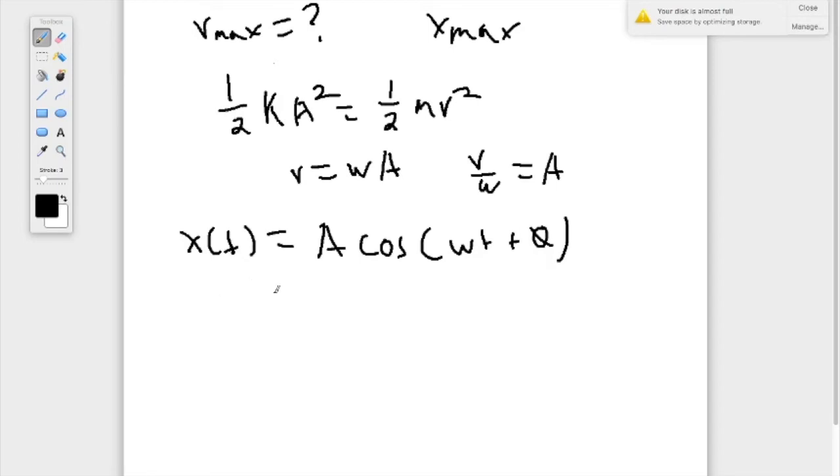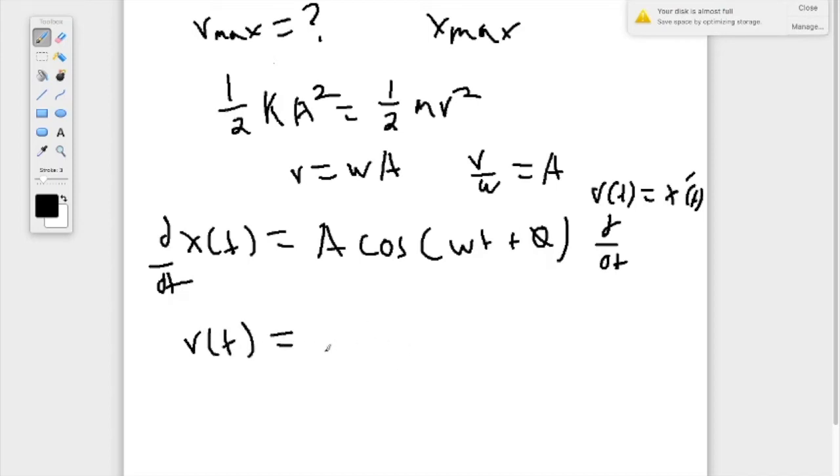So we know that v of t is just x prime of t. So let's take the derivative with respect to time. So we get v of t equals negative a sine wt plus phi. But then you have to multiply by the inside, which is just times w.